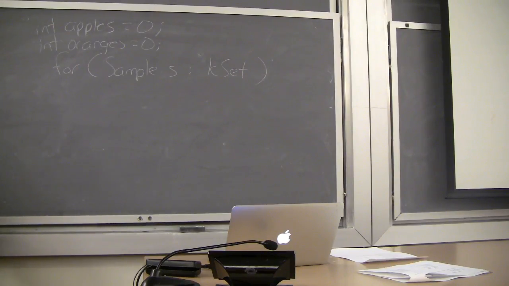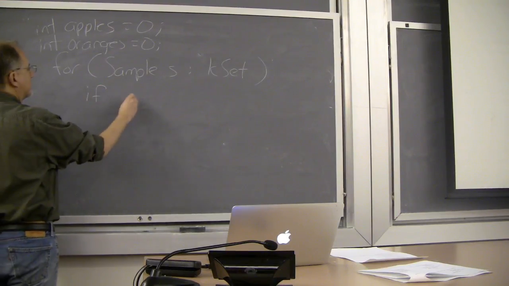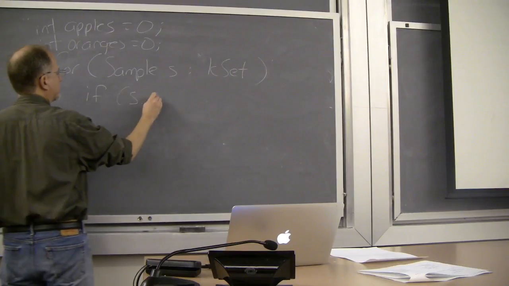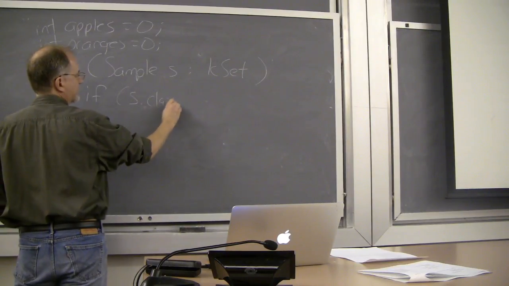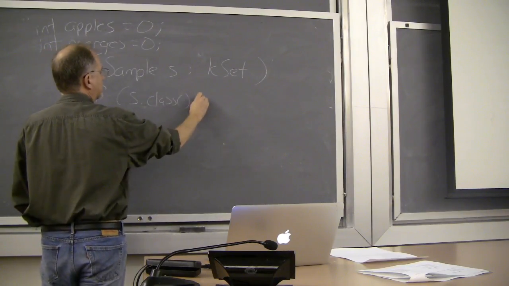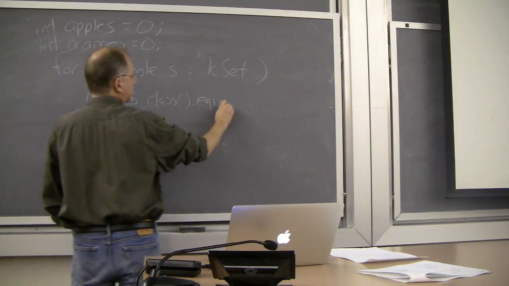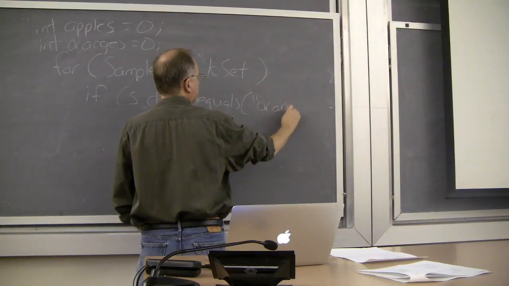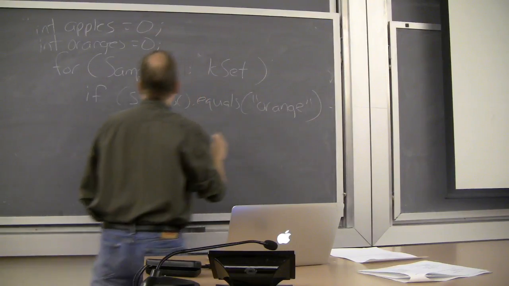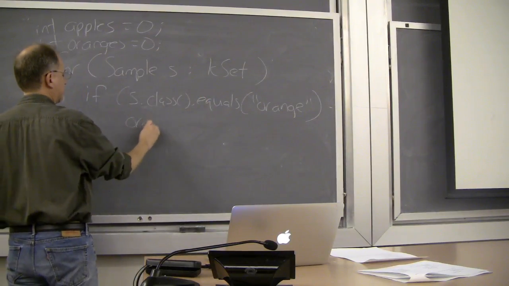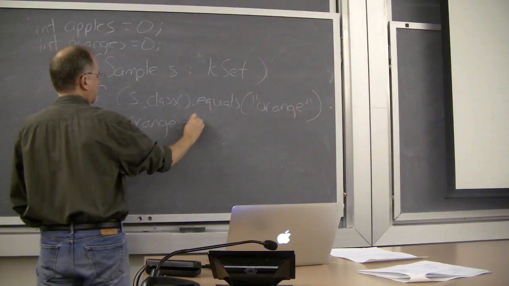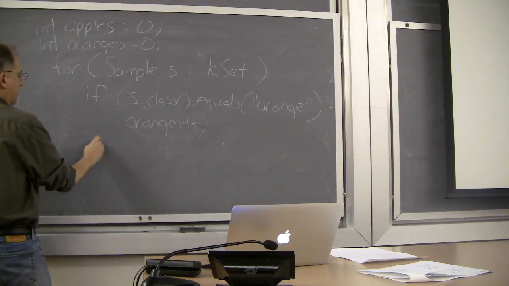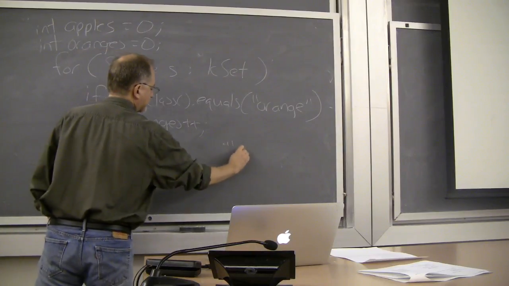All right, so we don't have any apples, we don't have any oranges. We look through, and for each instance we'll say, if S dot class, for classification, equals orange, then we increment oranges plus plus, else apples plus plus.